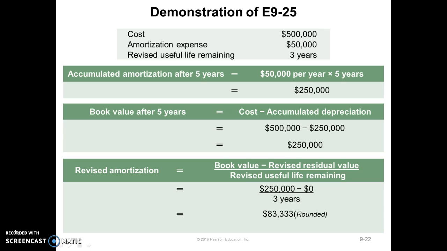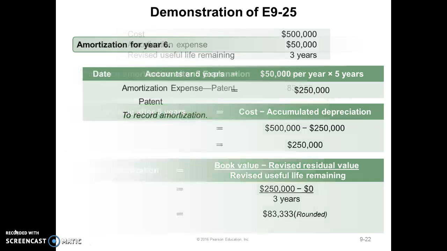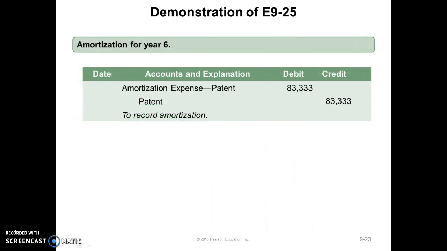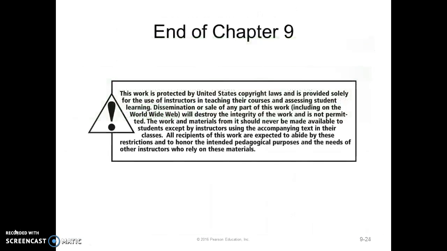We're going to come up with a new amortization. So you take 250,000, the residual value is still 0, divided by 3, and we get now the 83,333. And you can see this is the new amortization.